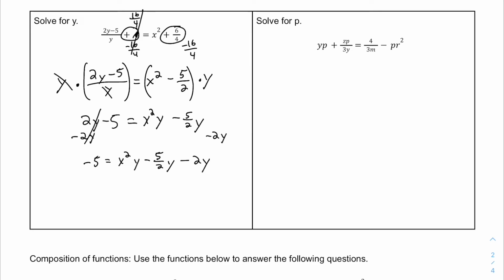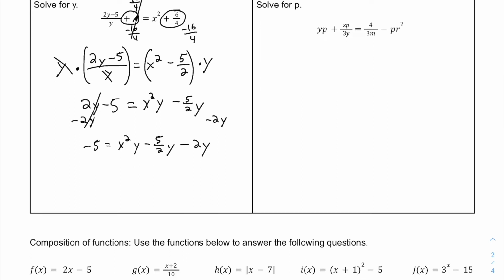So here I could factor out y, and I could divide by what my result is and solve for y. However, I would end up with a fraction within a fraction. So what I'm going to just do really quickly is multiply both sides of my equation by 2 to clear out this fraction. So I'm going to distribute this to each term.